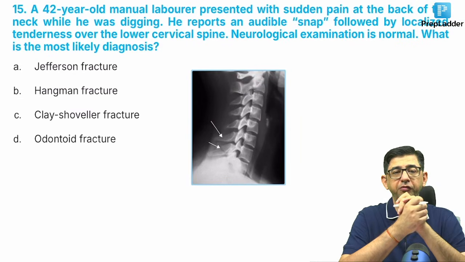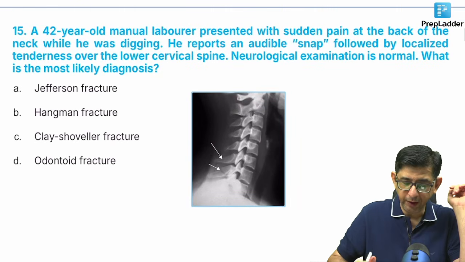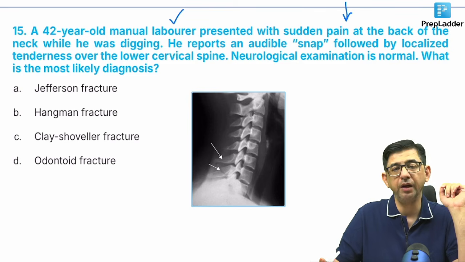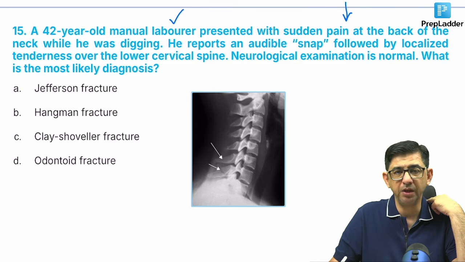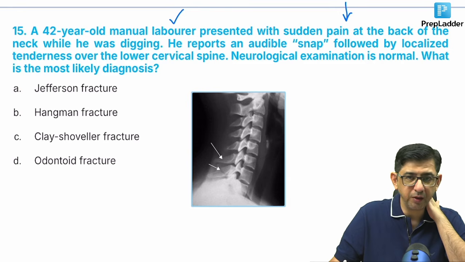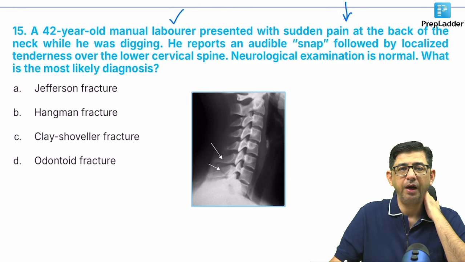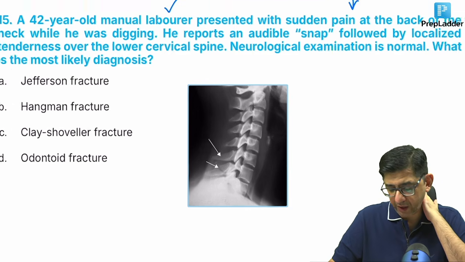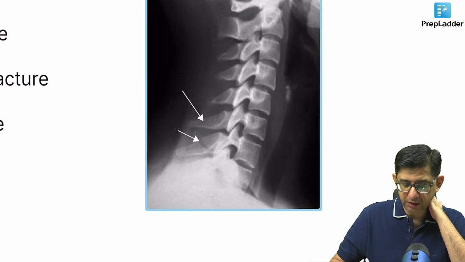When we come to the 15th question, there is a manual laborer. He has come with severe pain at the back of the neck while digging, and he also said that he felt an audible snap while he was digging, like a sudden loud cracking sound from the neck. And then there was localized tenderness over the lower cervical spine, and the arrows are showing the C7 vertebra.